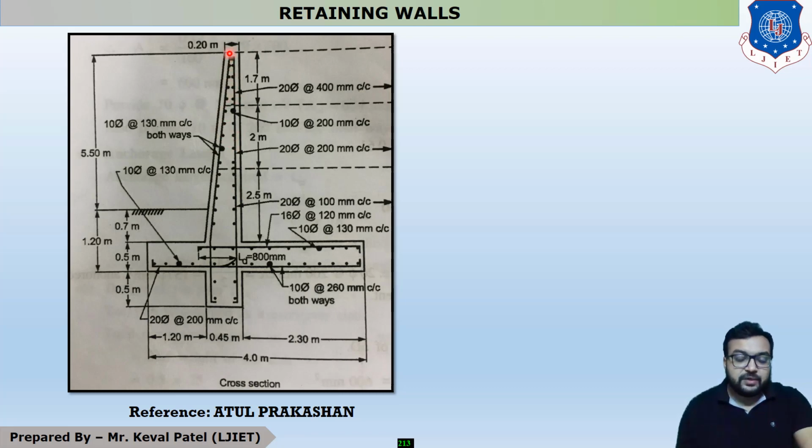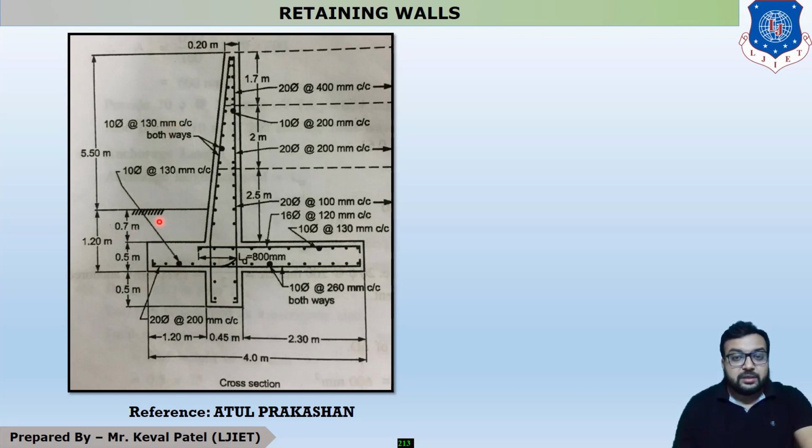In the vertical portion we provide 20 mm diameter bars at 400 center to center, and the whole dotted reinforcement is our distribution steel. In the distribution steel we provide 10 phi at 130 center to center.